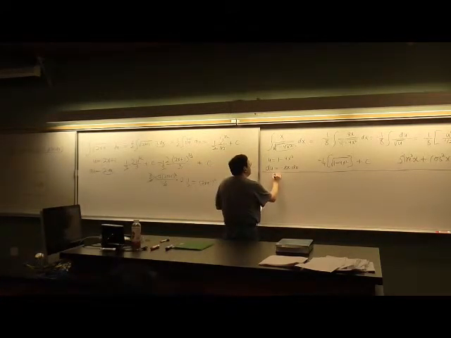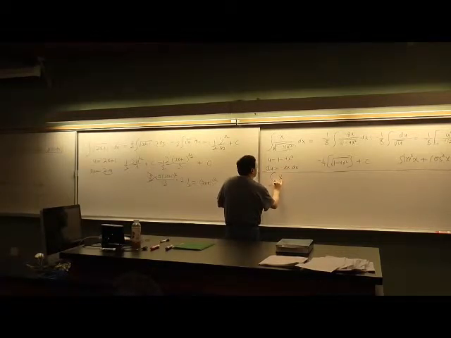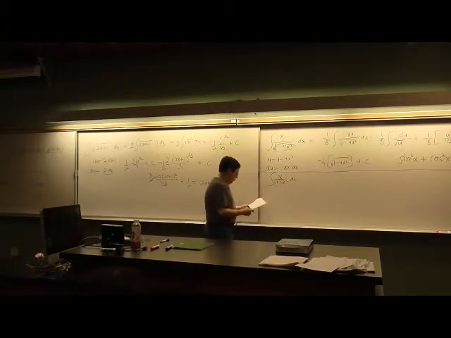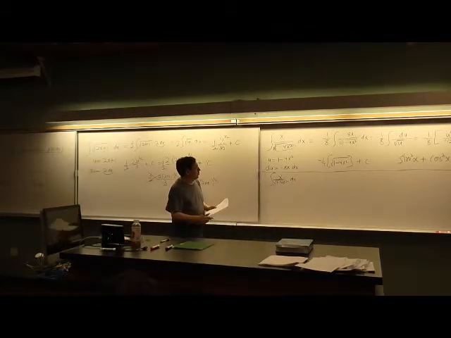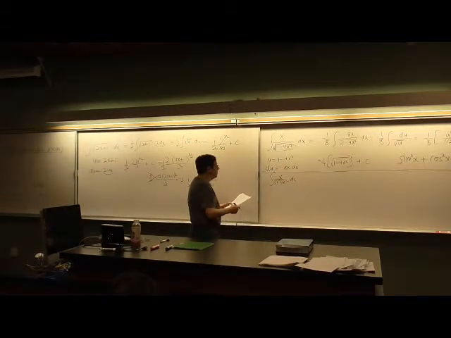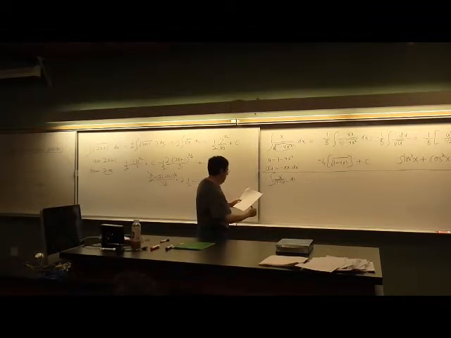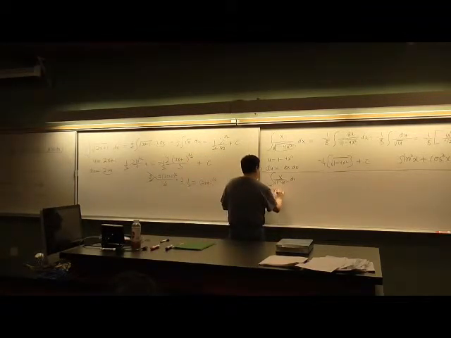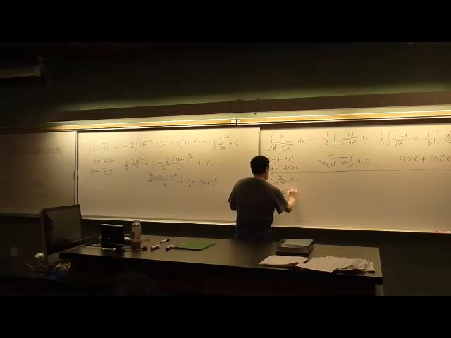Well, let me write this back again. The integral of x over the square root of 1 minus 4x squared dx. So if instead I substitute, instead of u equals 1 minus x squared, I'm going to substitute x equal to 1/2 the sine of u.